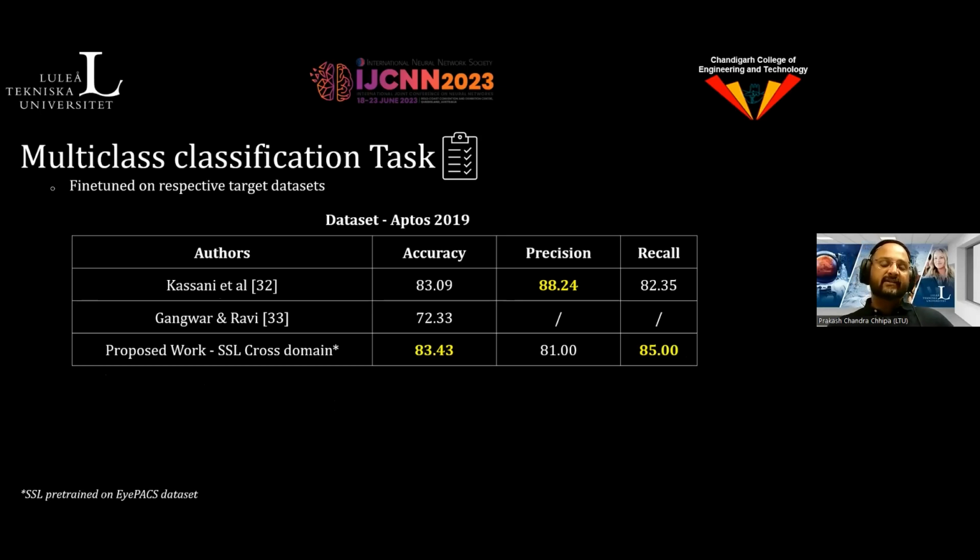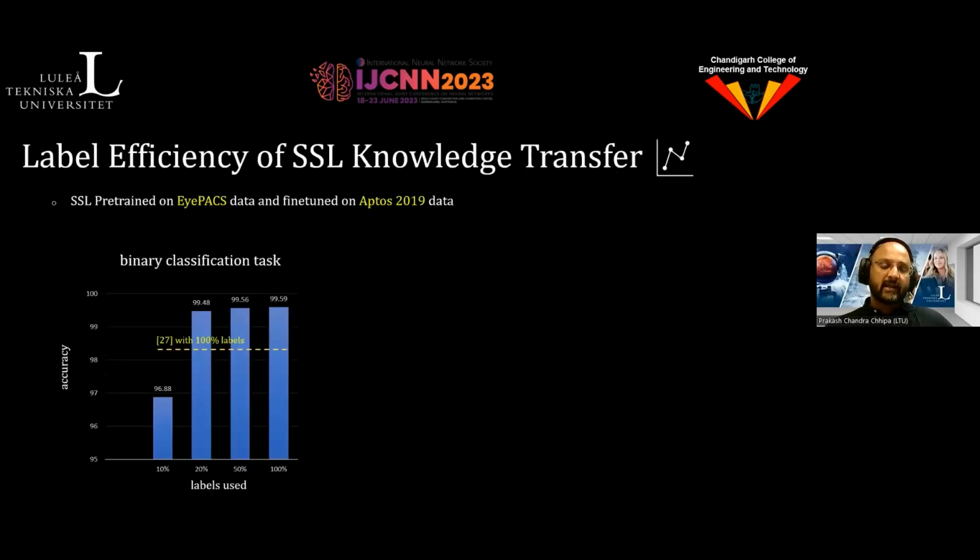However, the results are not significantly improved, which could be investigated further by understanding the effectiveness and the limitations of the knowledge transfer.